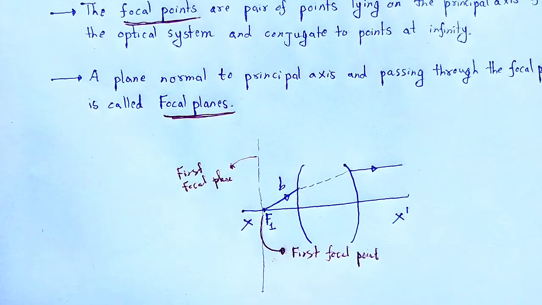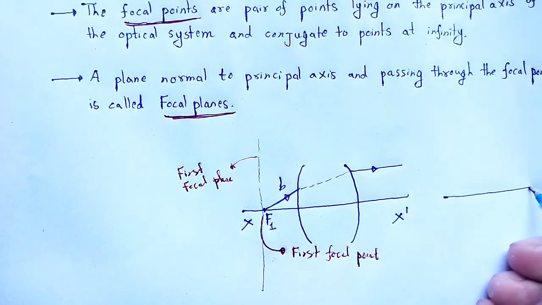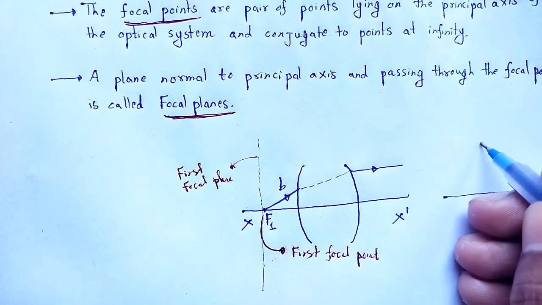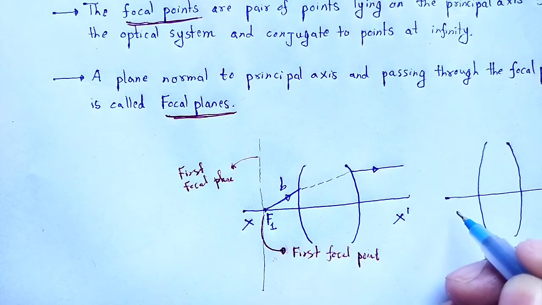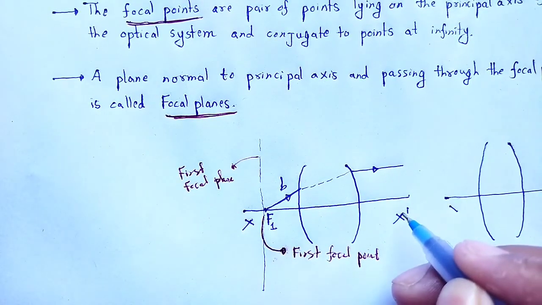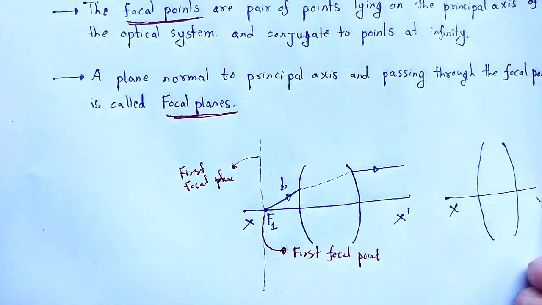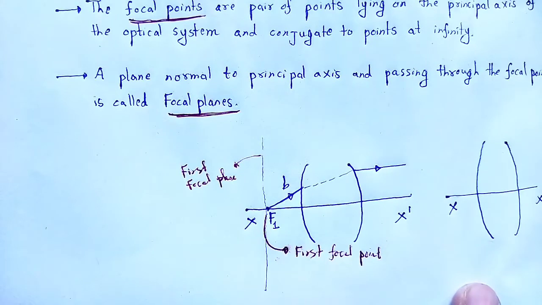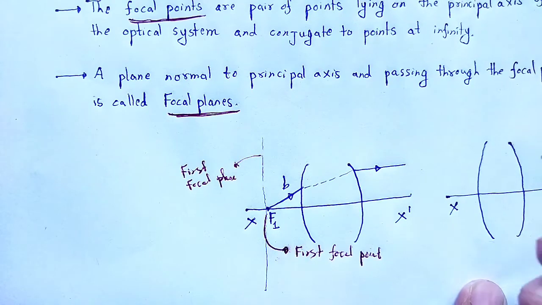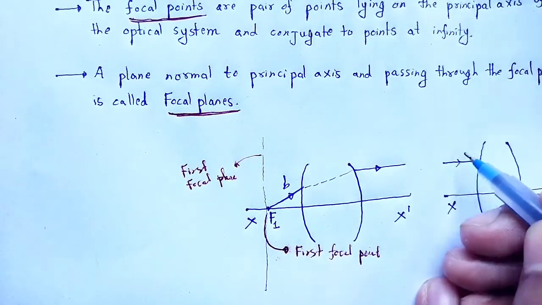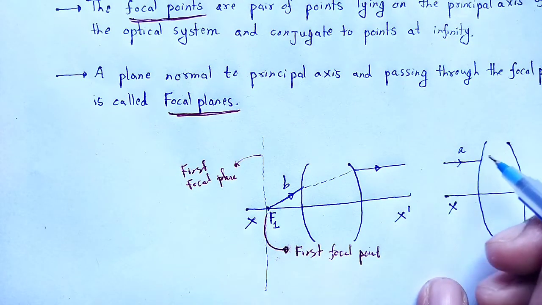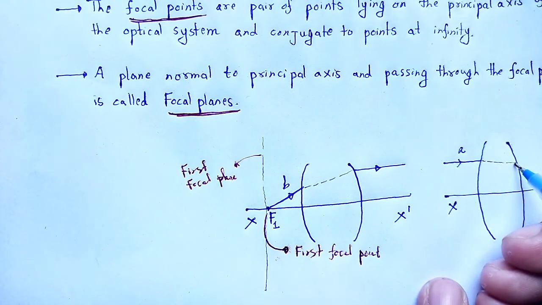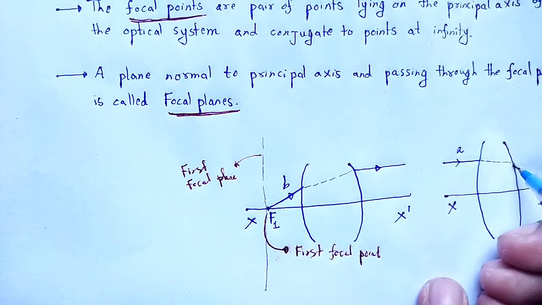Again, we take a convergent coaxial optical system having principal axis X dash X. Let an incident ray A, which is parallel to the principal axis, after refraction through the optical system pass through the point F2.